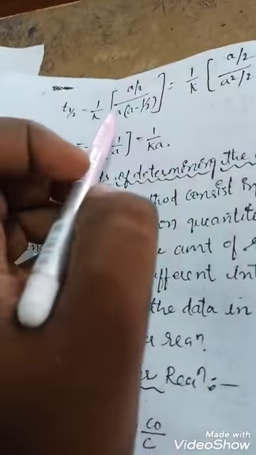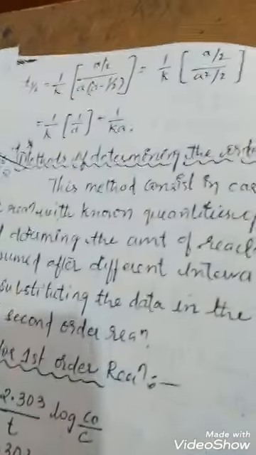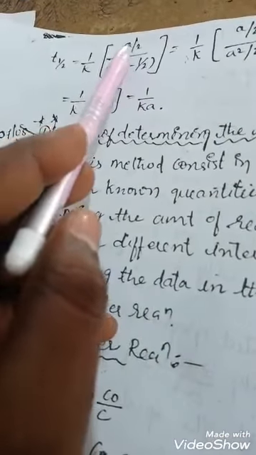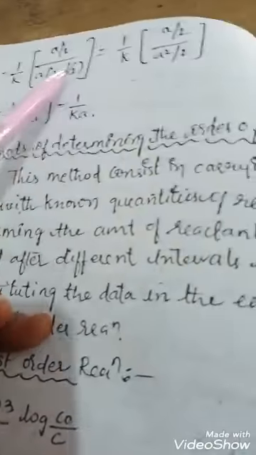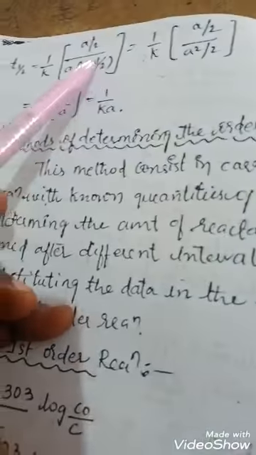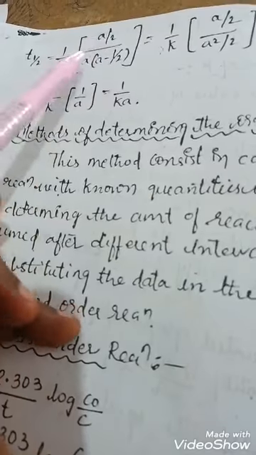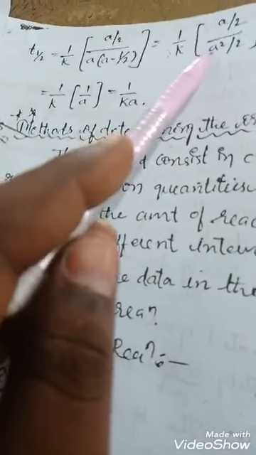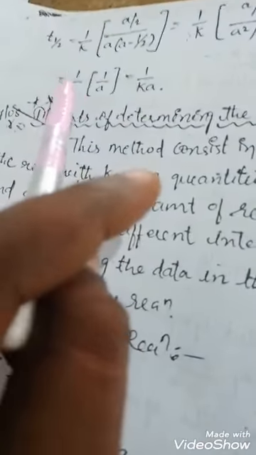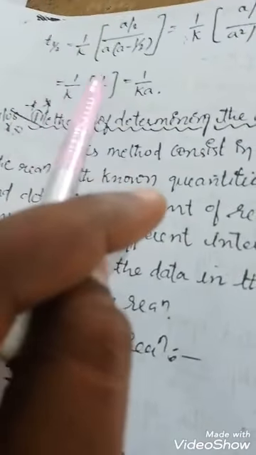The a by 2 cancels. So t half equal to 1 by ka. This is the second order reaction.